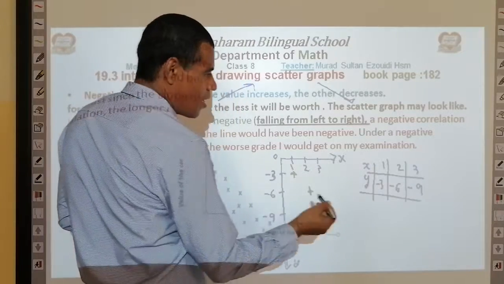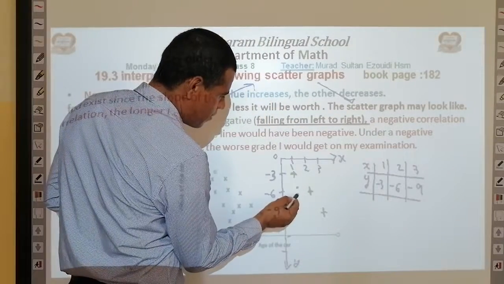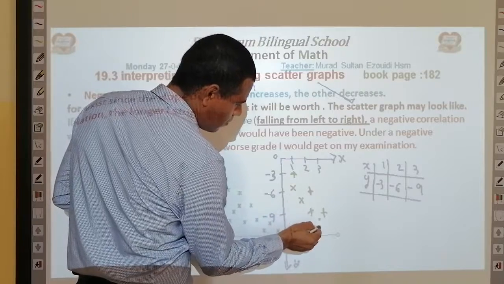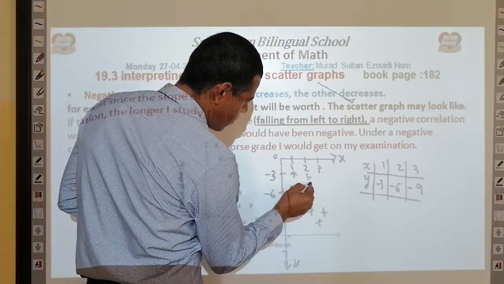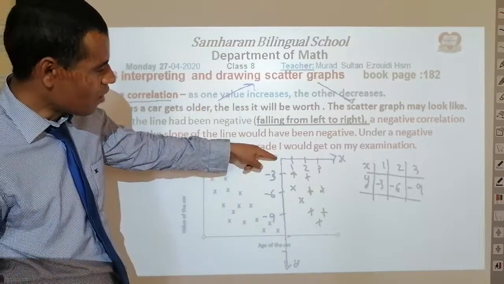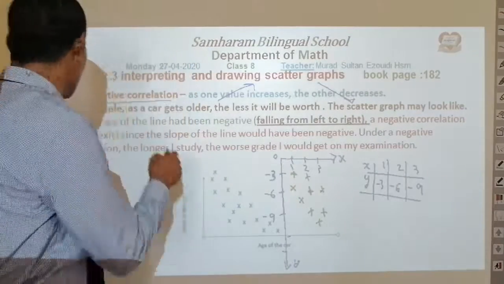Then I will now add other points. You can see that when the value of x is increasing, the value of y is decreasing.